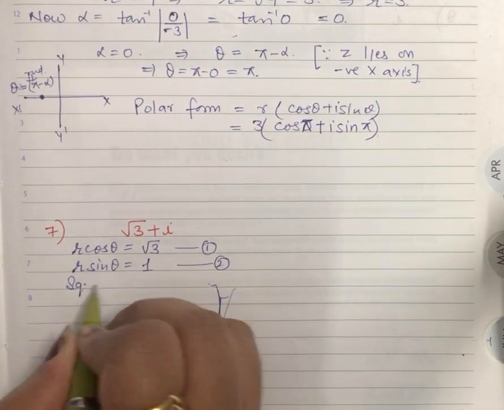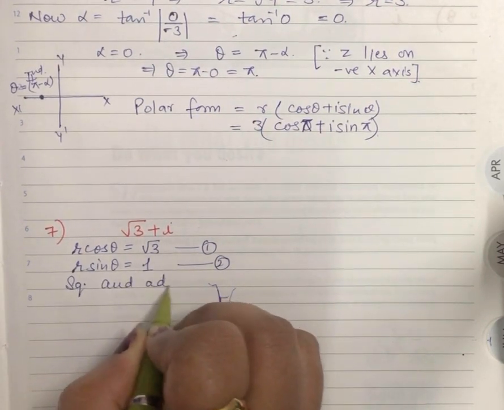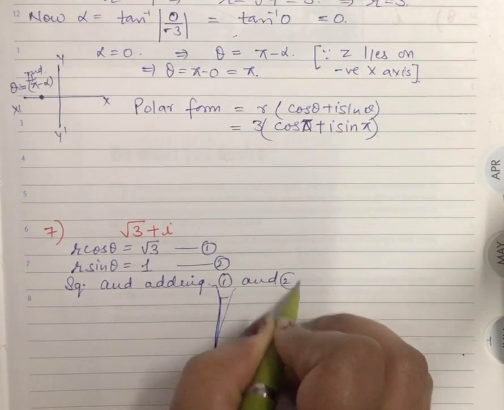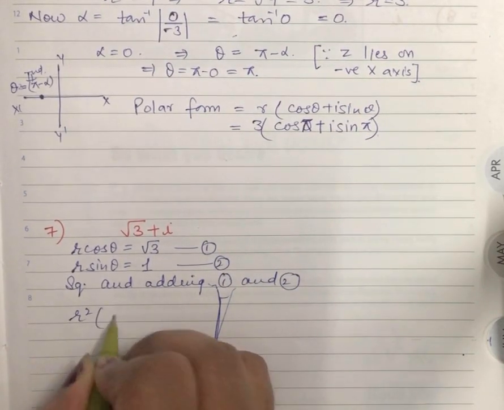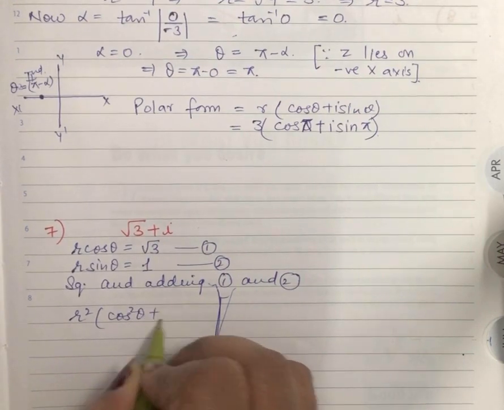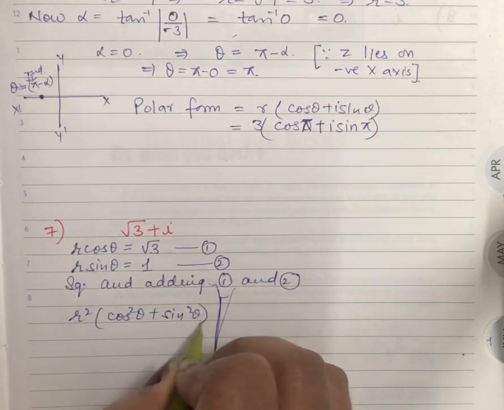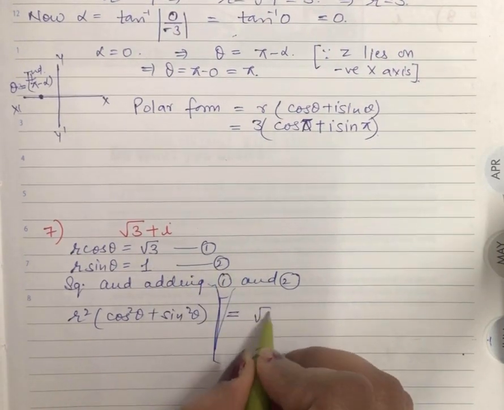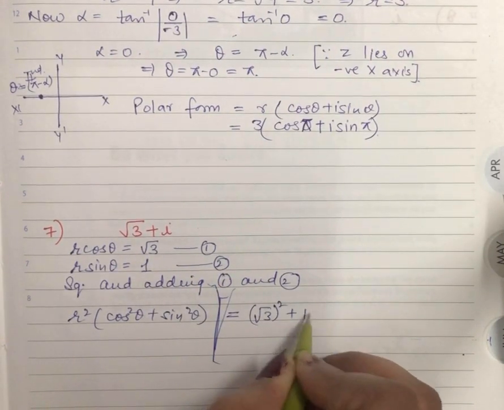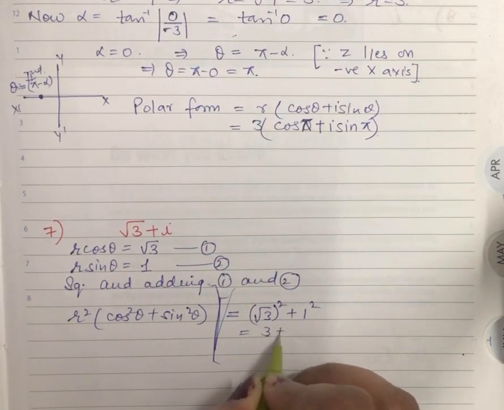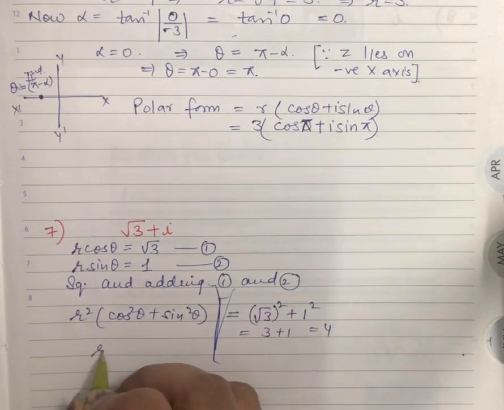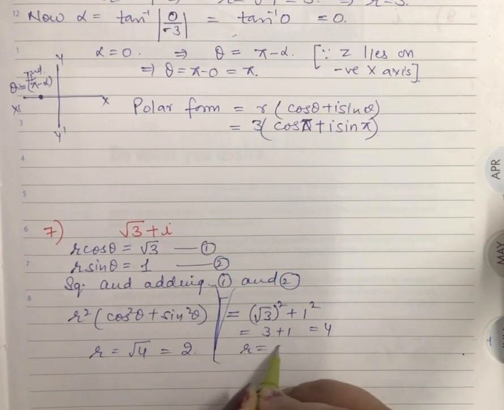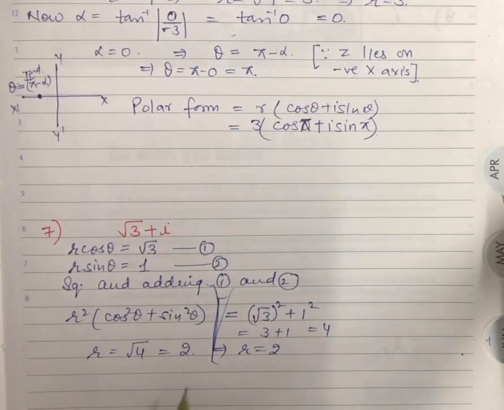So again squaring and adding the first and second, we get r square within bracket cos square theta plus sin square theta is equal to, now under root 3 whole square plus 1 square, that is 3 plus 1, that is 4. So r becomes under root 4, that is 2. So r is equal to 2.